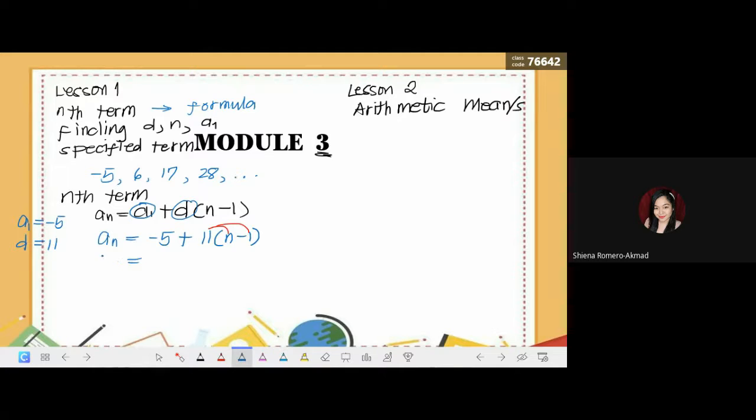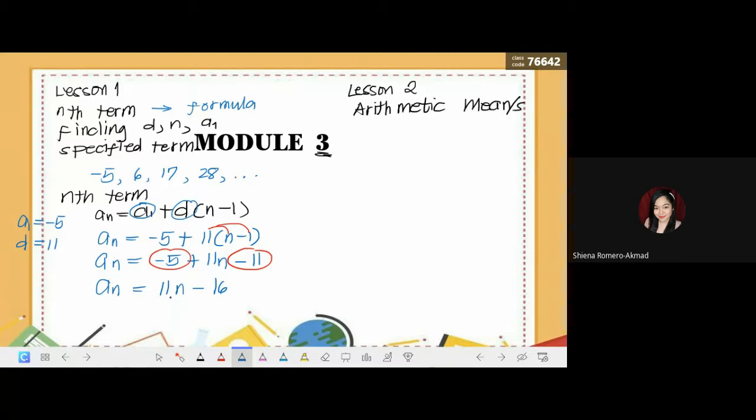So, we'll have a sub n is equal to negative 5 plus 11n minus 11. Okay? Then, we'll have here negative 5 and negative 11. Since they are similar terms, i-combine natin sila. So, ang mangyayari will have negative 5 minus 11. Okay? So, we'll have a sub n is equal to 11n. Negative 5 minus 11 is negative 60.